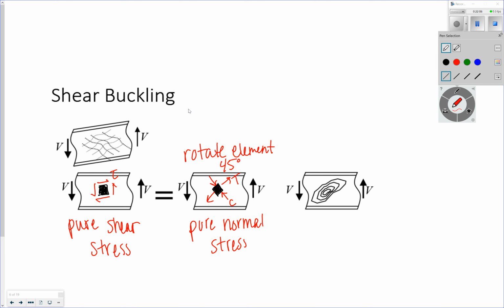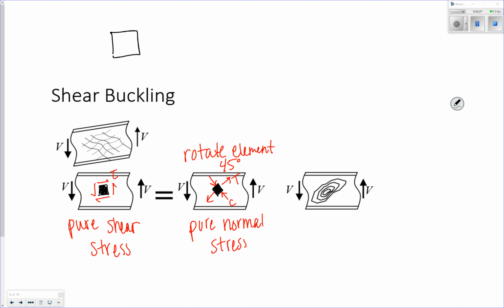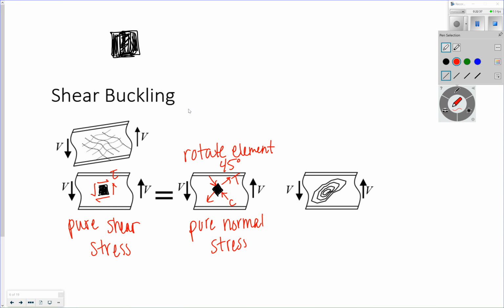Right, we're gonna draw this a little bit more. It's a little refresher in mechanics of materials. My little element has shear stress acting on it.